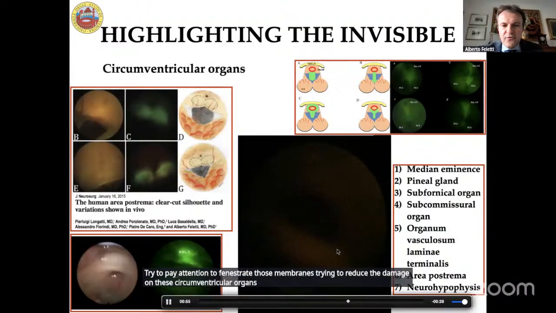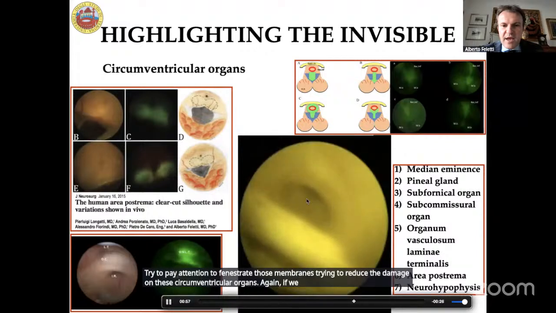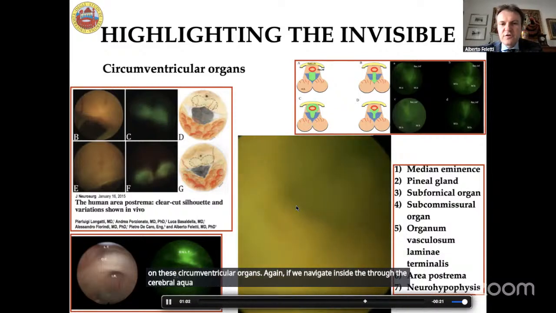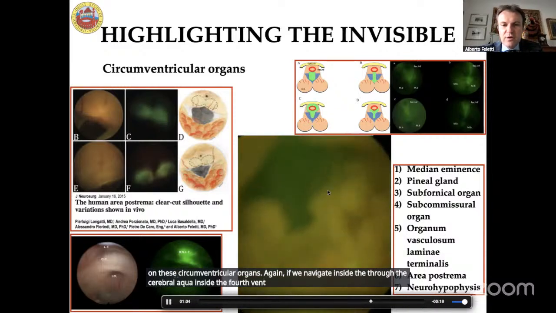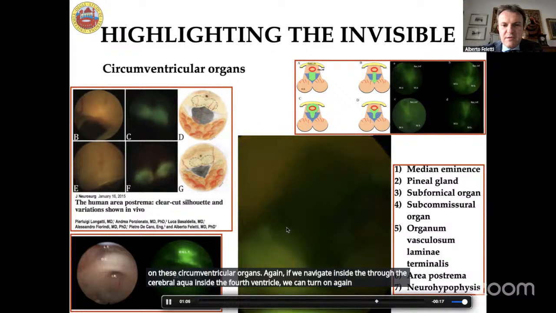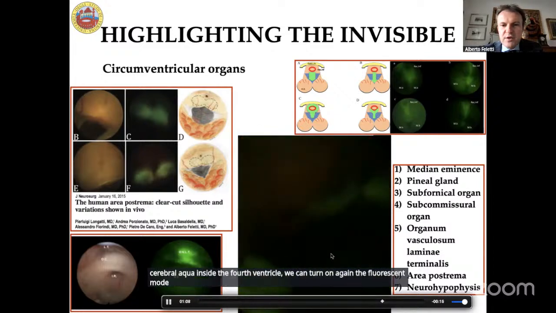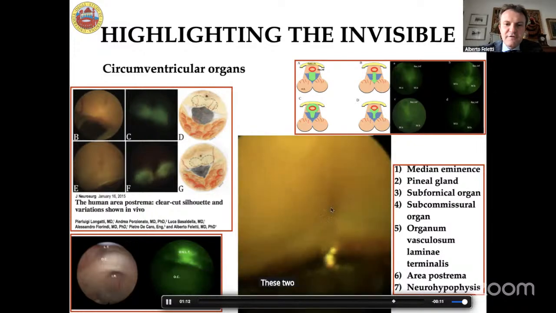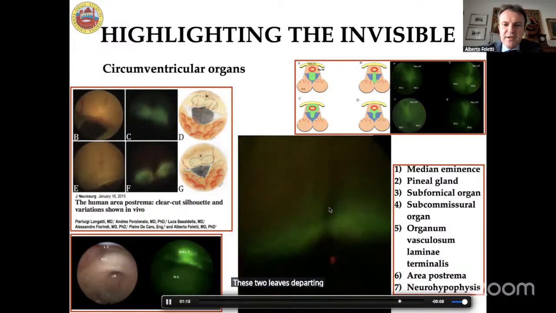Again, if we navigate through the cerebral aqueduct inside the fourth ventricle, we can turn on again the fluorescence mode. Of course, the choroid plexus appears, and also these two leaves departing from the opening of the central medullary canal.